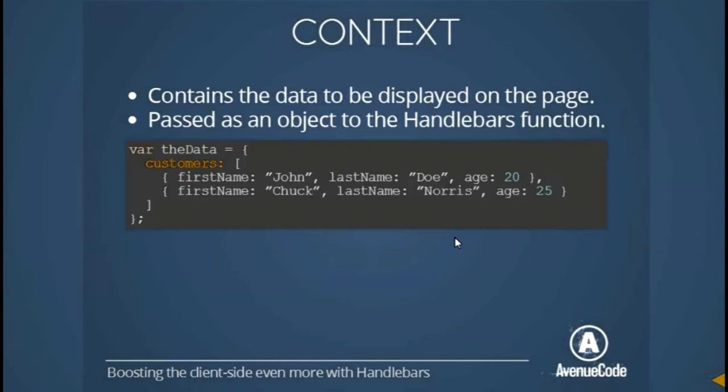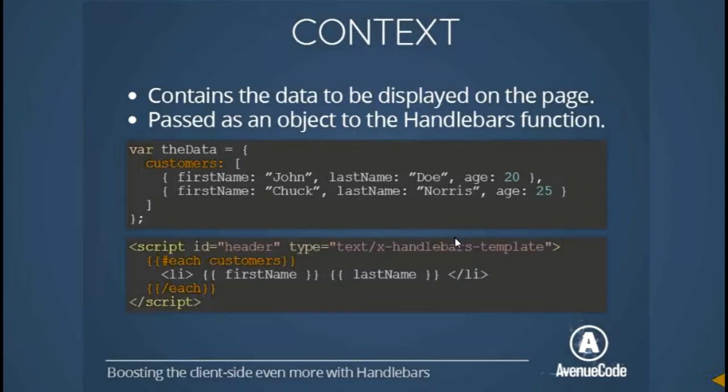I'm just defining an array, and if you can see, it can be anything. It can be a JavaScript object, it can be a JavaScript array, it can be a string, or a combination of those. So it's very flexible, and you can also pass this array, this data, to the template to make this binding dynamically.